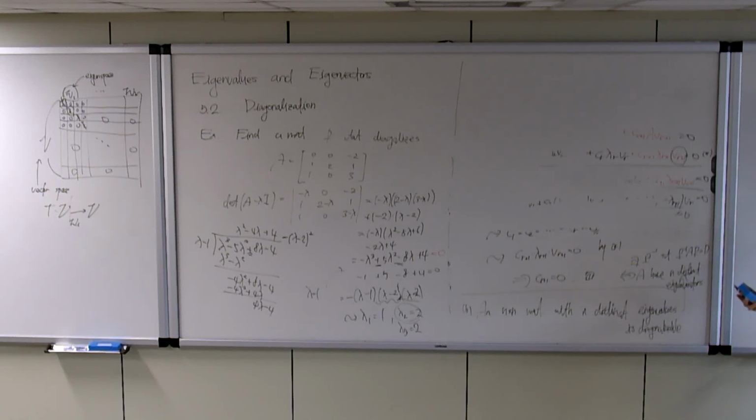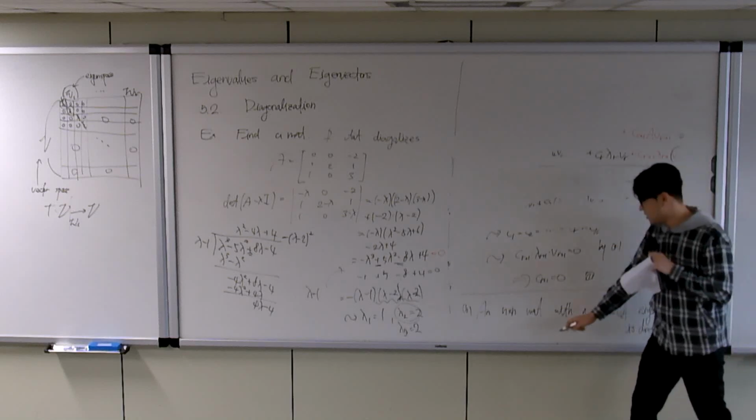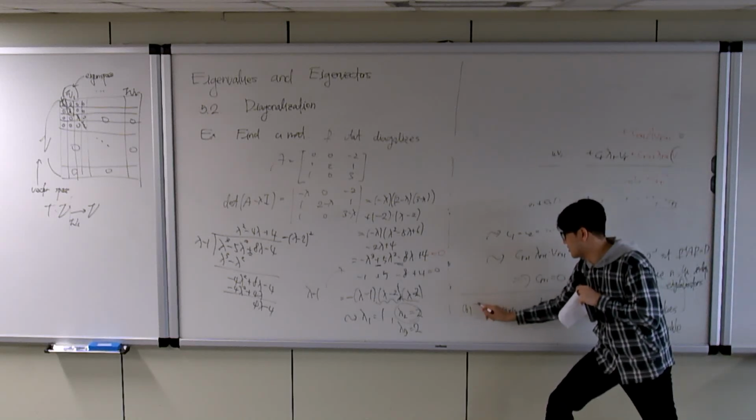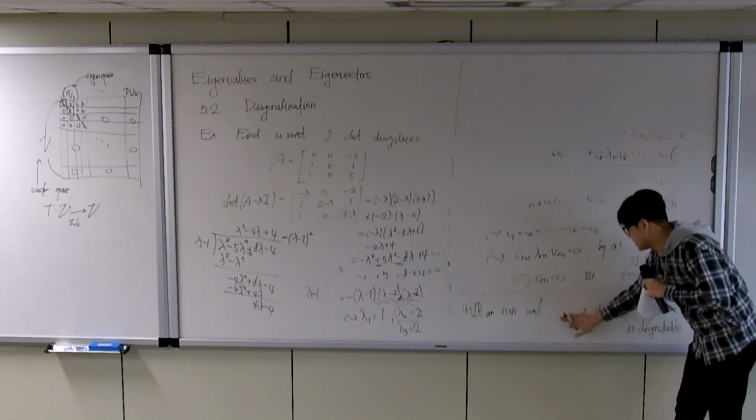So we should find one more eigenvector. So I will check it. Then it is obvious that the eigenvector corresponding to lambda 1 will be linearly independent with the eigenvectors in the eigenspace corresponding to lambda 2.